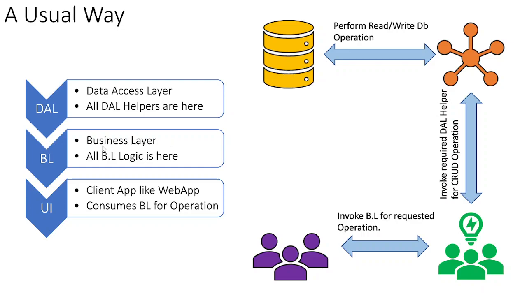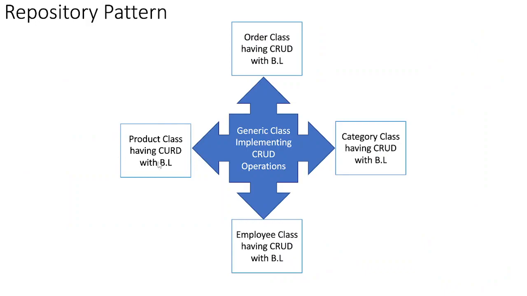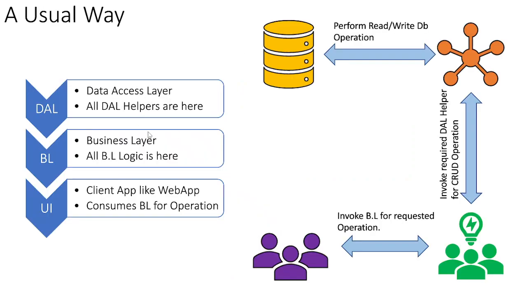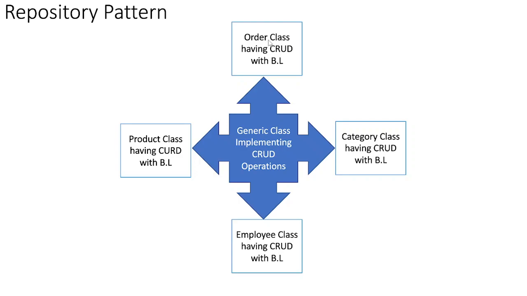Then if there is any product-related information in our system, we have to create a product class and write all the product-related CRUD operations here in the business layer, and we have to call the database. Similarly for order and catalogs, and there can be n number of classes that would require some CRUD operations.